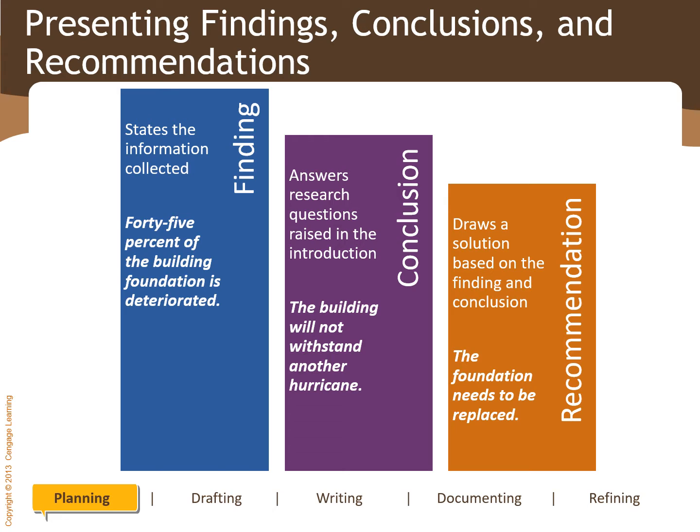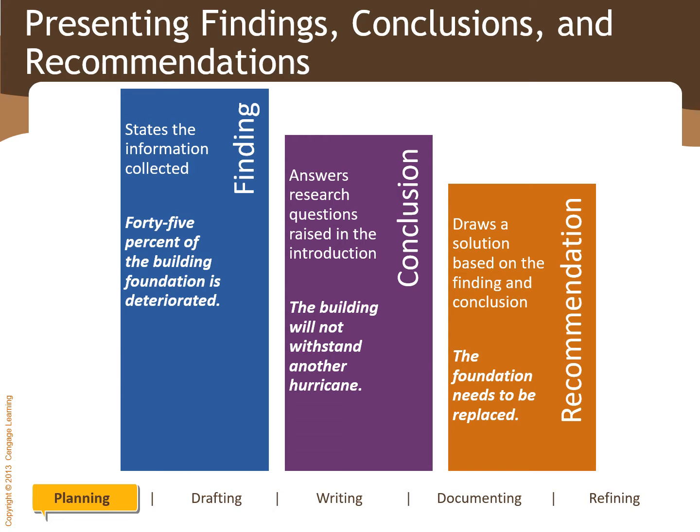So the findings of your research are basically the results of what you found. So based on the investigation that you conducted, based on the questionnaires that you developed, based on the efforts that you have put forth in order to find out about something. So how do you present these findings? You have to state the type of information that you collected.